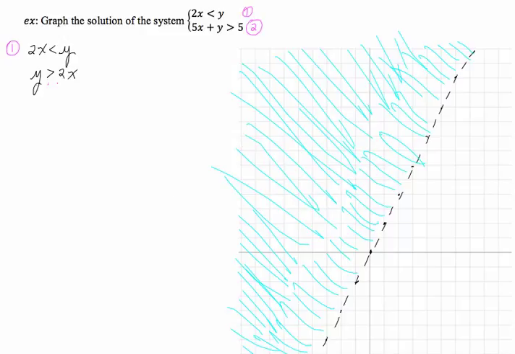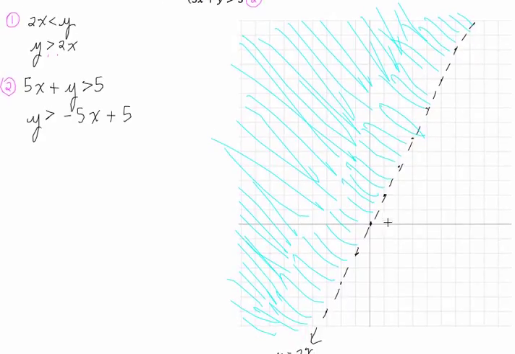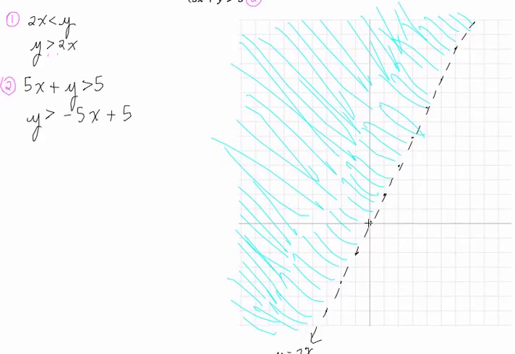Now let's solve the second inequality, which says 5x plus y is greater than 5. That looks easy to solve for y. Y is greater than negative 5x plus 5. So it has an intercept of 5 and a slope of negative 5.